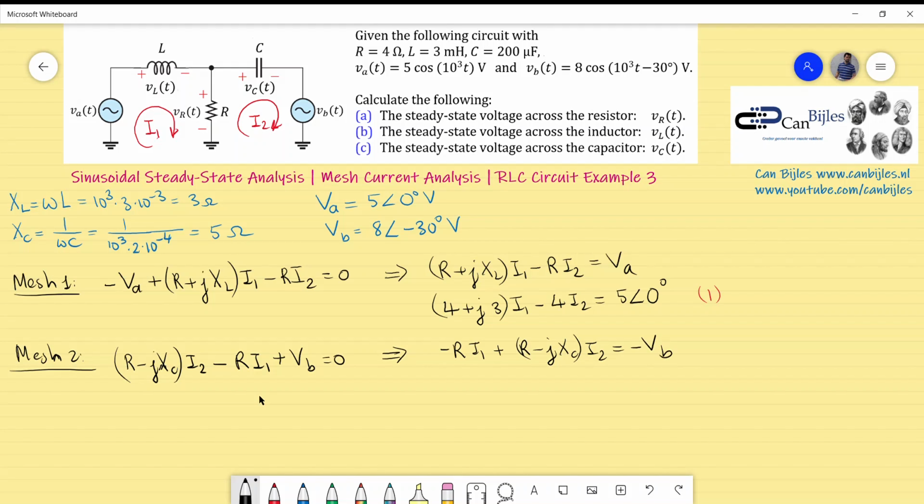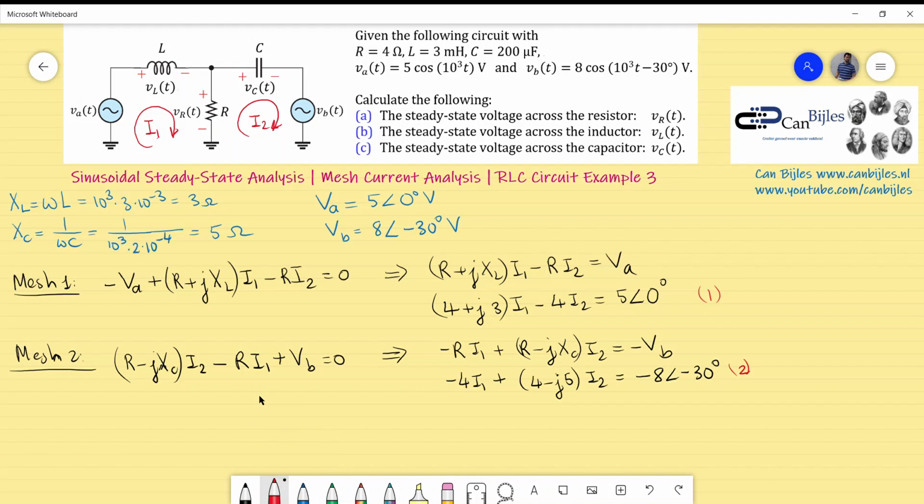Now if I substitute the values, I will have minus 4 I1 plus 4 minus j5, which is XC, times I2, which is minus 8 at the phase of minus 30 degrees. Now this is actually our second equation.